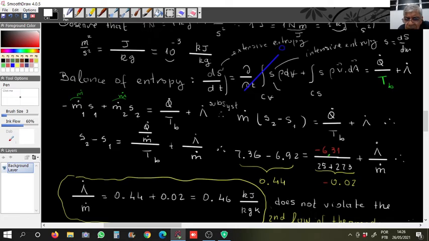So this is my notation, this is my eta. Since the process is a steady process, this is zero. The derivative with respect to time is zero. So this is left. And don't forget the right-hand side.